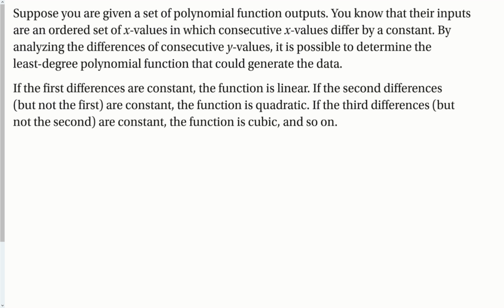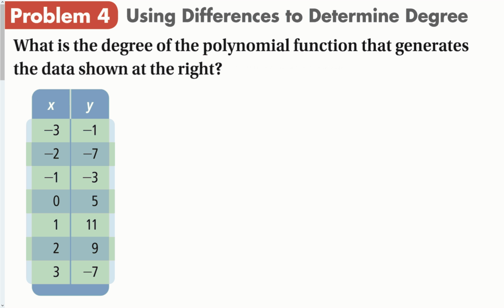By analyzing the differences of the consecutive y values, you can determine the least degree polynomial function that could generate the data. So if the first time you do differences, which means subtraction, all the differences are the same, it's a linear function. If it takes 2 times, it's quadratic. If it takes 3 times, it's cubic. Okay? Let me show you what I mean.